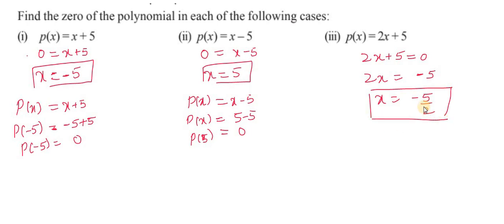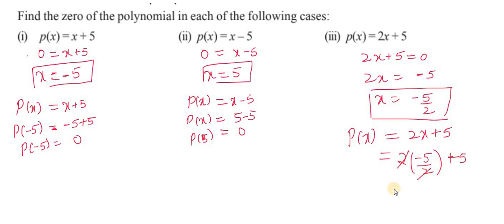Now what we'll do is substitute x is equal to minus 5 by 2 in this p of x. So p of x is equal to 2x plus 5, which is equal to 2 times minus 5 by 2, plus 5. Then 2 and 2 get cancelled. So what remains?